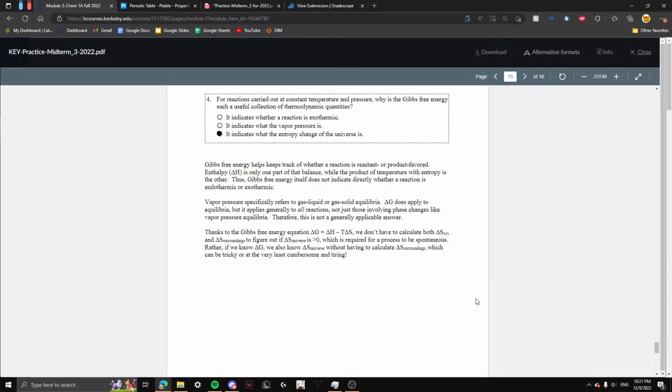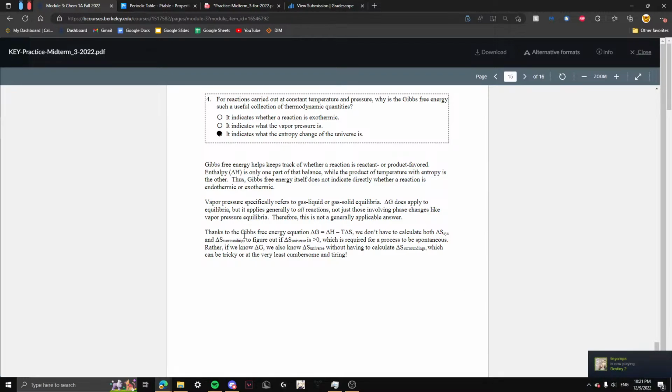Same thing for vapor pressure. It's like general, so it's not really telling you what vapor pressure is. You can technically get to a K or a Q value, but it won't really get you all the way to vapor pressure. It will just get you to K or Q.